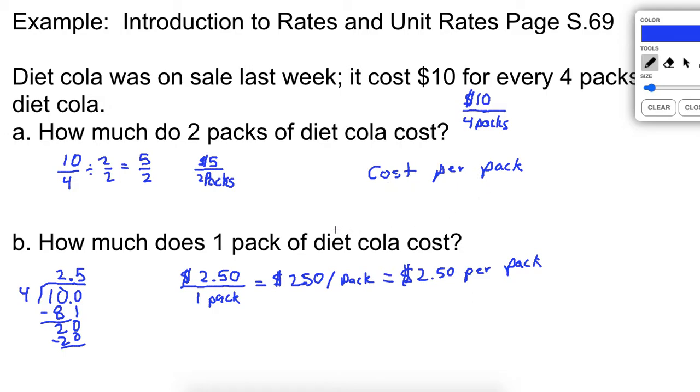And to figure that out, it's the cost divided by the packs. If you think of that, per means division. Whenever you see that, and we'll see that in one of the other problems, it is the cost divided by the packs, or per is division.